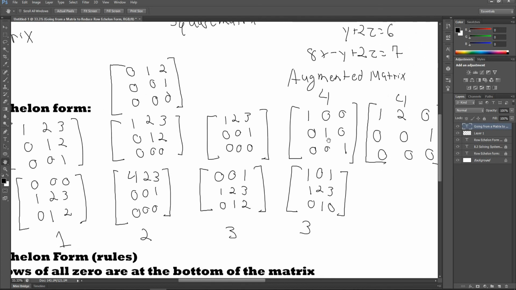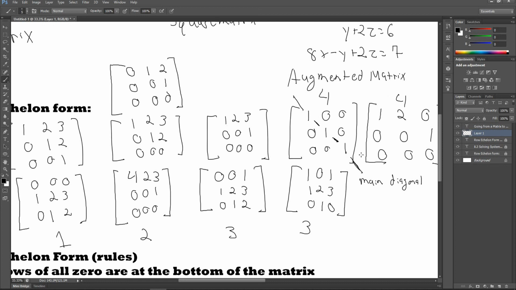With reduced row echelon form though, such as this one, and this is actually an important thing to note, this diagonal from the top left to the bottom right, you may see now called the diagonal or the main diagonal. So when we have a main diagonal of all 1s, that's really helpful if we also have all zeros elsewhere.